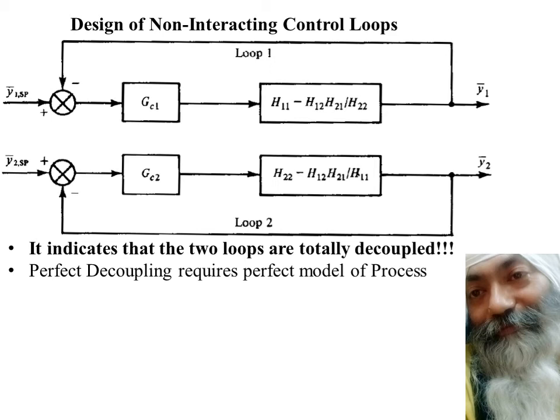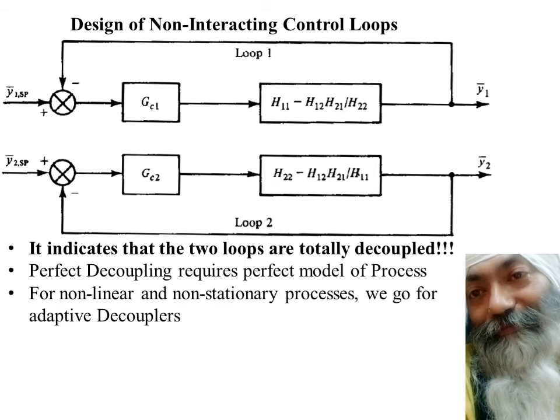The issue is not only about knowing these processes, but we have to go a bit further. Most of the processes are nonlinear, and most of the processes are non-stationary. It means that as the operating point changes, the dynamics of the system change, the model of the system changes.